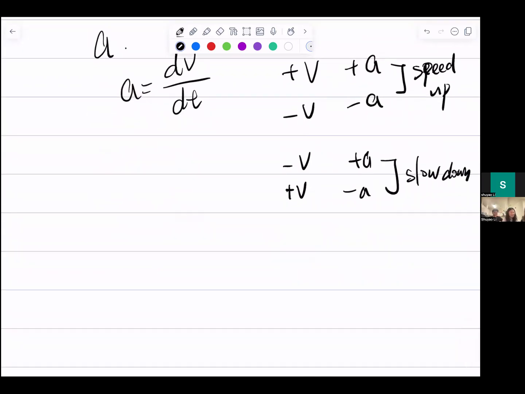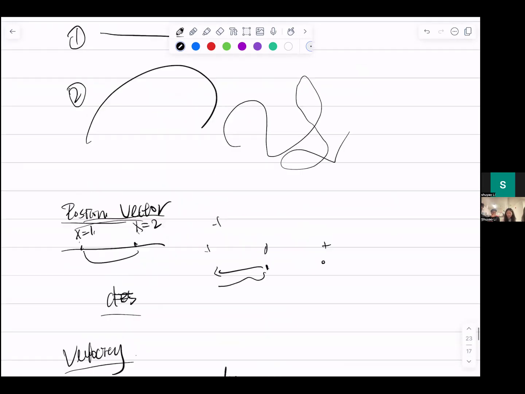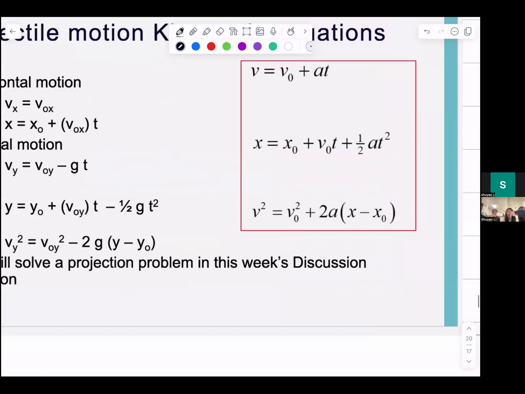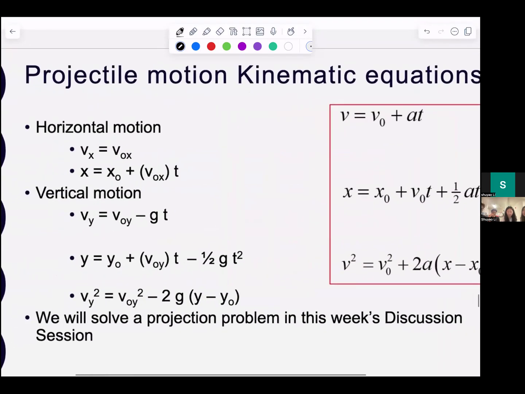For constant acceleration, for dynamics problems, if the question tells us it's constant acceleration for rectilinear motion, then we can use the kinematic equations, which are on the formula sheet. We don't have to memorize them, but you can also derive them.